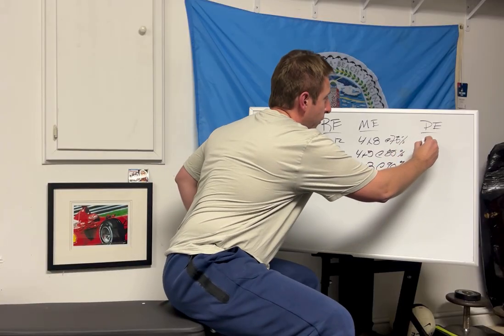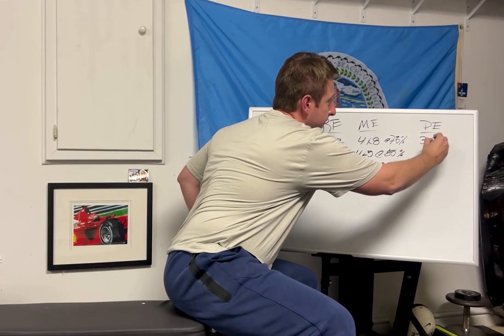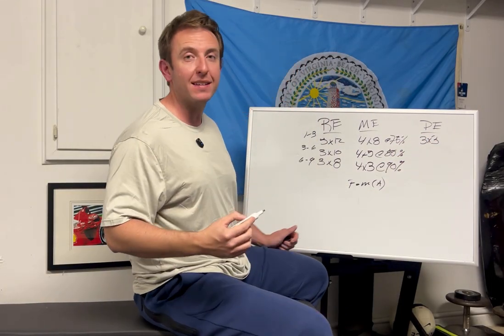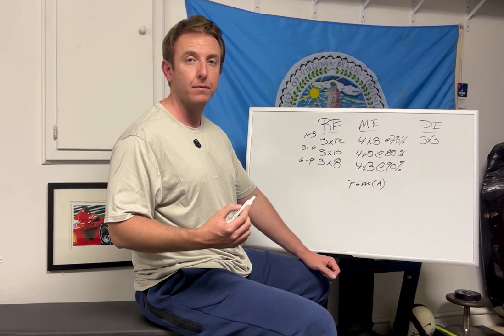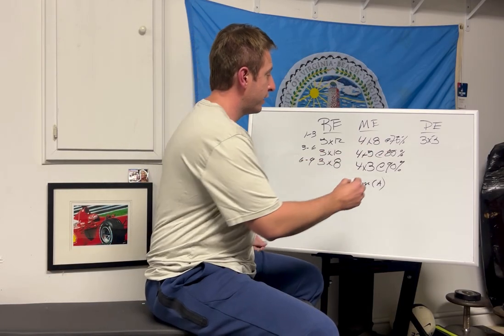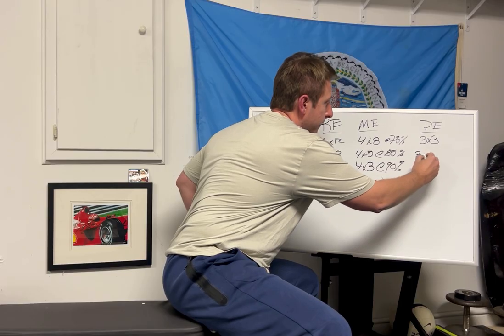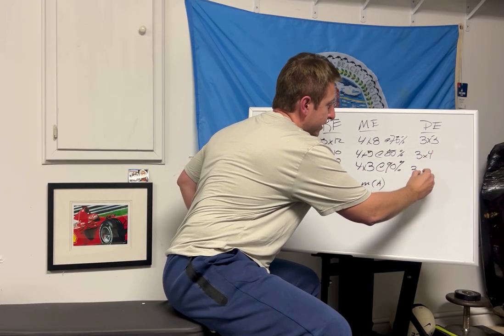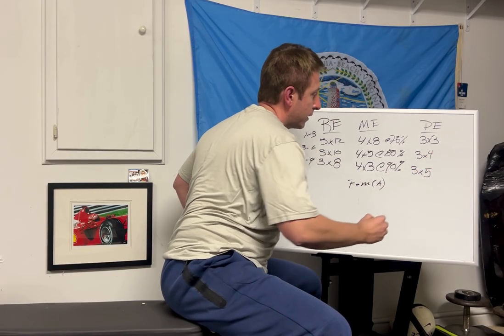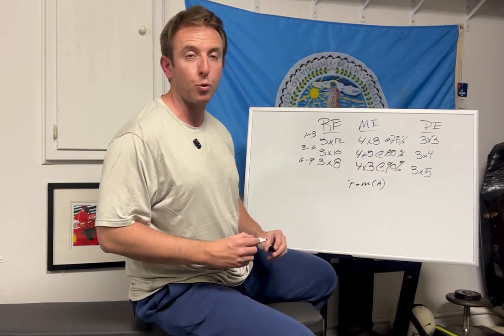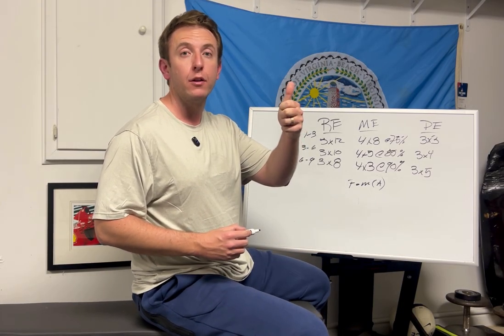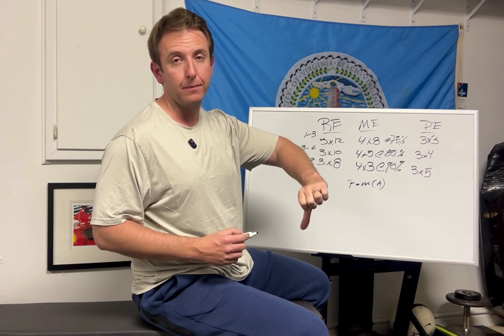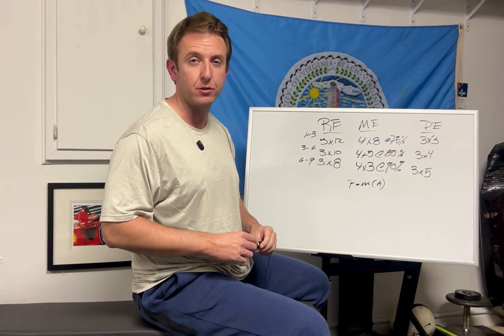We'll start out with 3 sets of 3, our heaviest dynamic effort cycle. We'll then move into 3 sets of 4 and finish with 3 sets of 5. As the reps go up, the load goes down, and we're starting to move that faster.